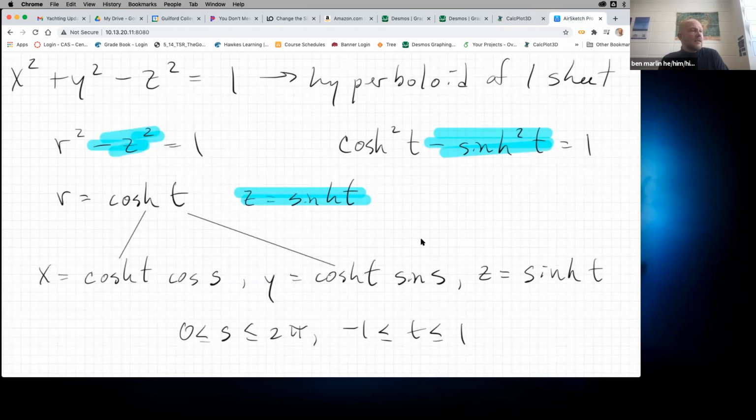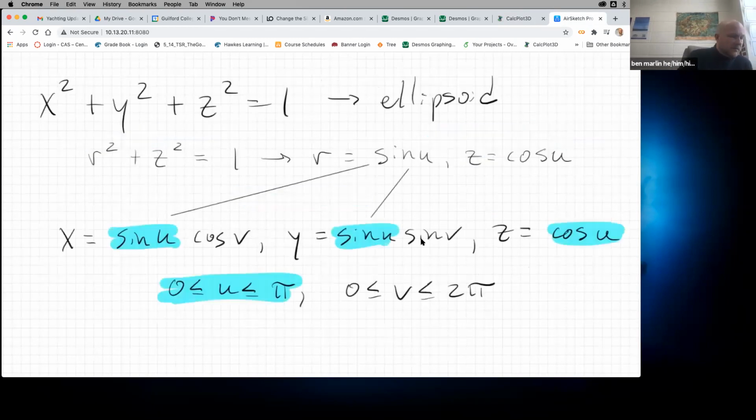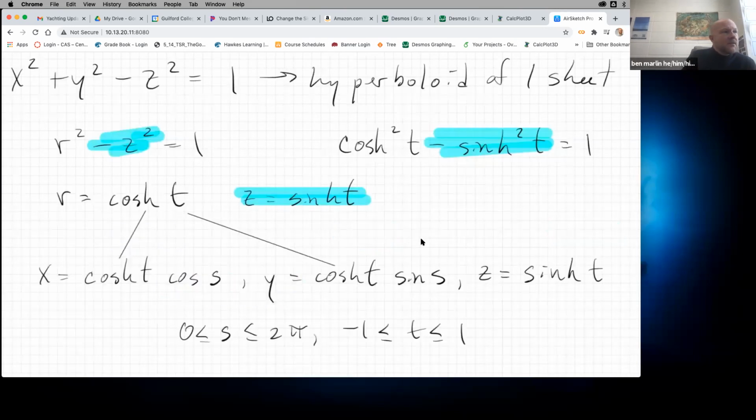Now, a quick point. On the previous one here, I talked about why we chose the sine on our r as opposed to the cosine, and using that range there for your u variable. For this one, you could also think about, if you knew what the drawing was going to look like, that cosh only gives you positive values. If you look at a graph of it, it's roughly like a parabola.